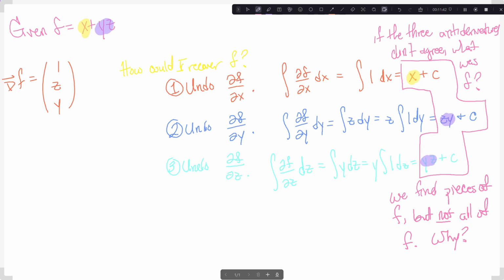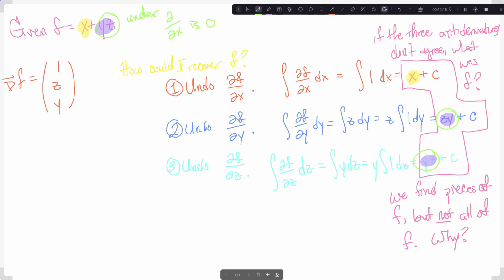Why? There's exactly one reason why, and that's that this yz term, under partial x, is 0. That's almost like how constants disappear under the derivative for regular derivatives. Since yz is a constant with respect to x, it disappears.